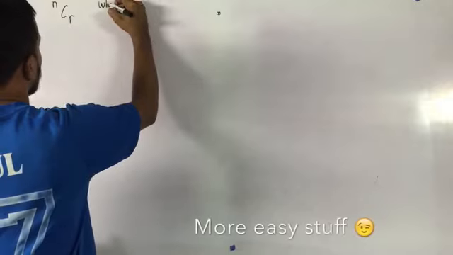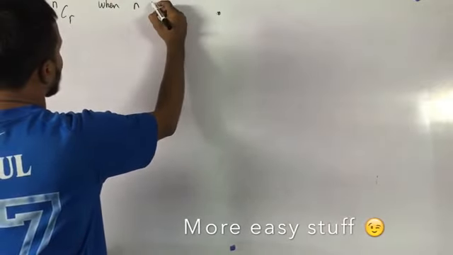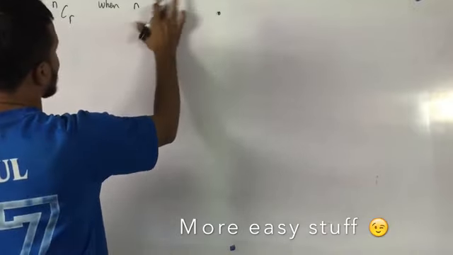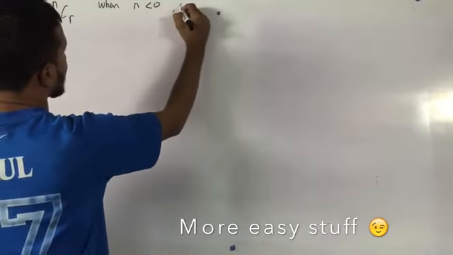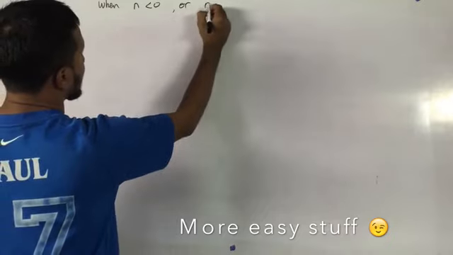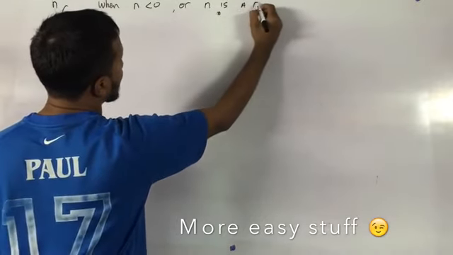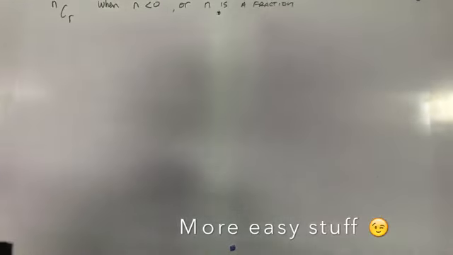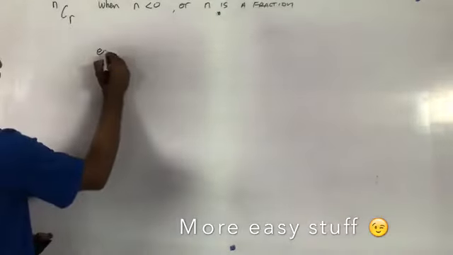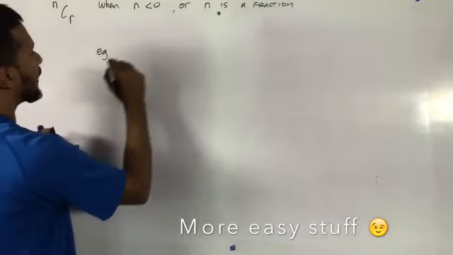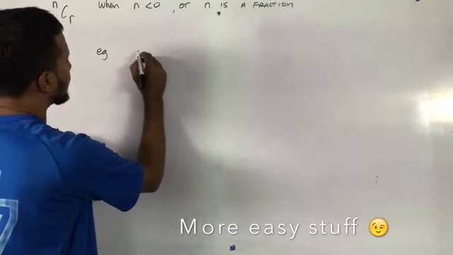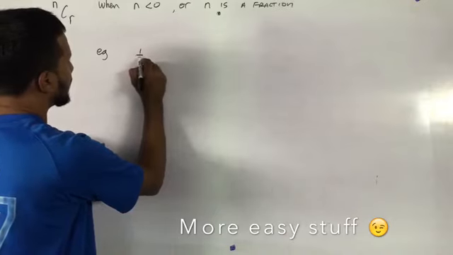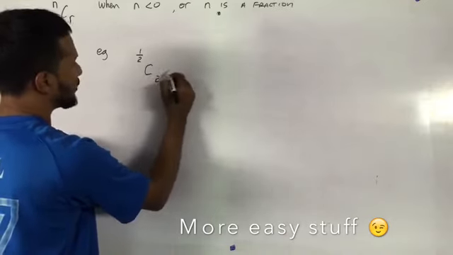So when n is less than 0, or n is a fraction. Right? For example, let's do something simple, a half C2.